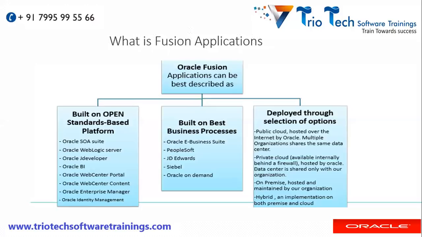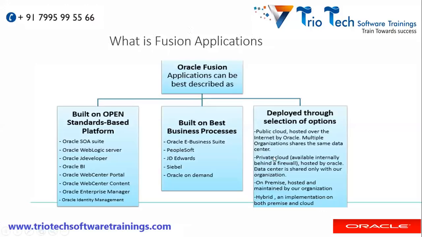The only thing done by the organization is to map out and manage their business on the application. So this is a public cloud where everything from the data to the server and the networking is managed by Oracle itself.